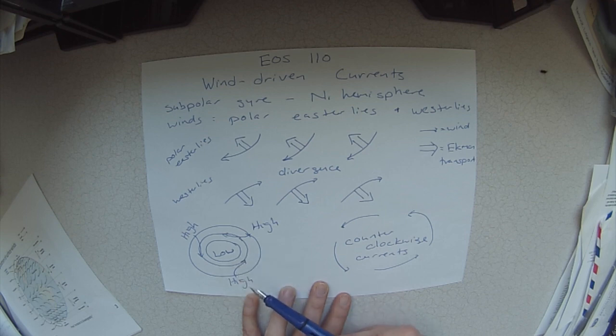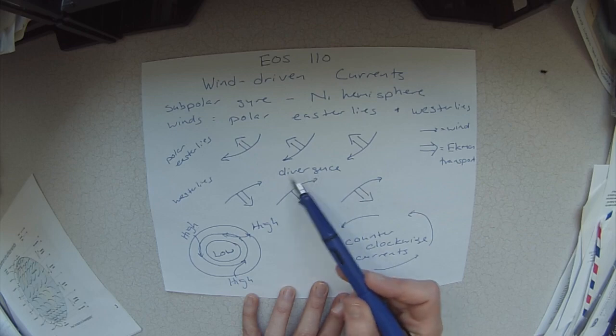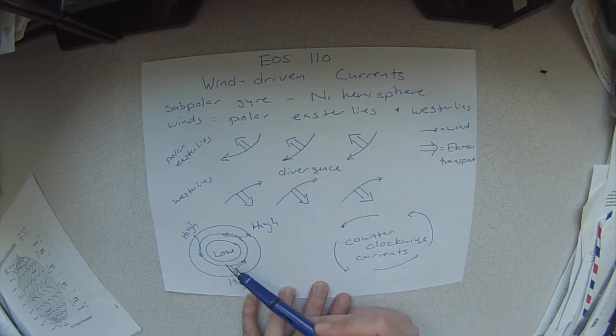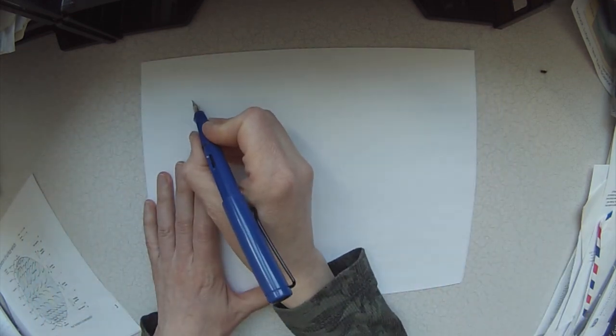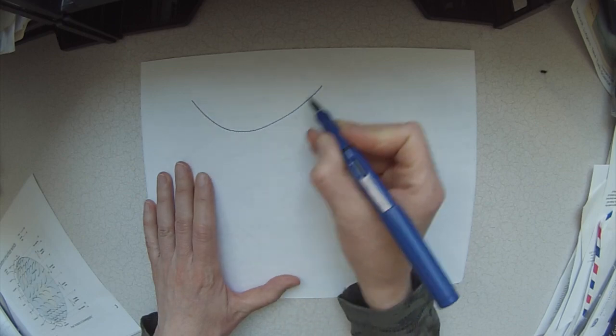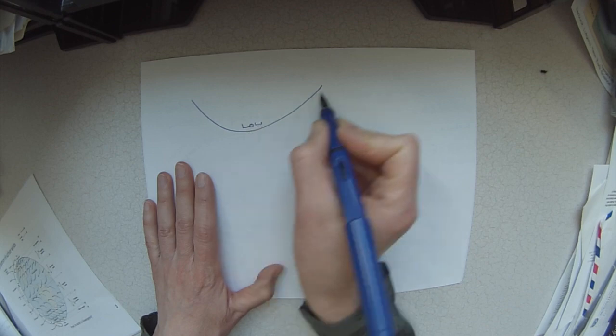The gyre circulation also has a profound effect on biological productivity. In the case here of divergence, we're causing essentially an upwelling in the center of the gyre. If I draw this gyre in cross-section, right, so here's the low part in the center, and here's the high on either end.